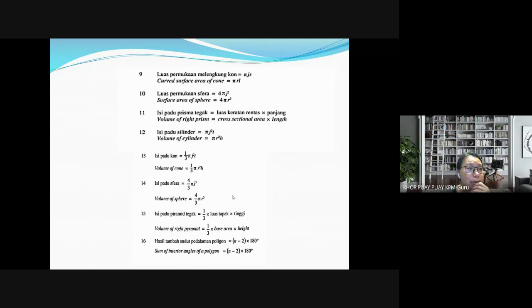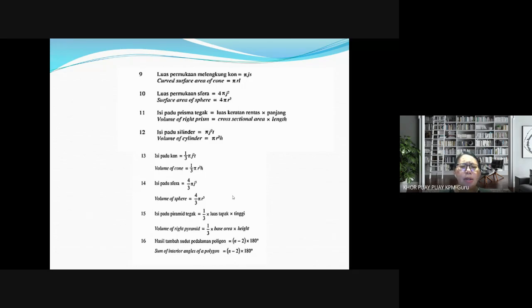Because normally for KBAT questions, TP4, TP5 questions, maybe they will ask you to draw plan and elevation. They give you a 3D solid shape, and then they might ask you to draw it. After that, they ask you to calculate, find the area of this shape or find the volume of this shape. So they will be continuous from your part A, part B, and so on. Yeah, especially your part C question, subjective.